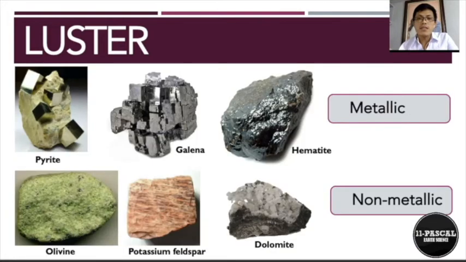Here I have examples or images of minerals that exhibit a metallic luster. We have pyrite, which you will see is a bit shiny. Galena also exhibits a metallic luster, and hematite. For non-metallic, it can be olivine, potassium feldspar, and dolomite.